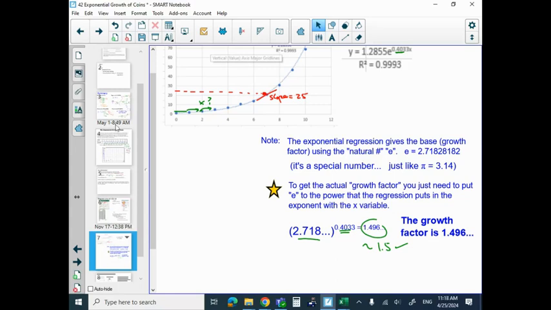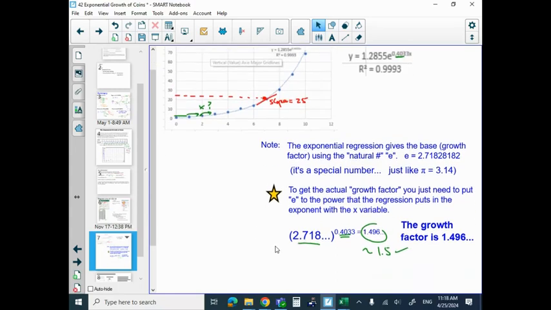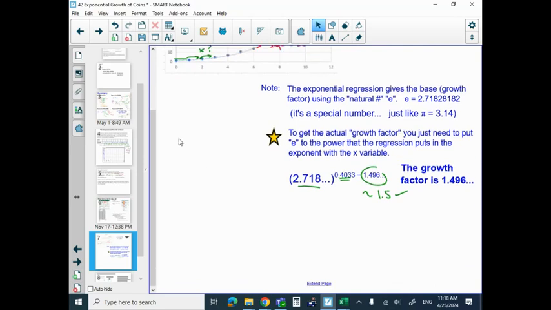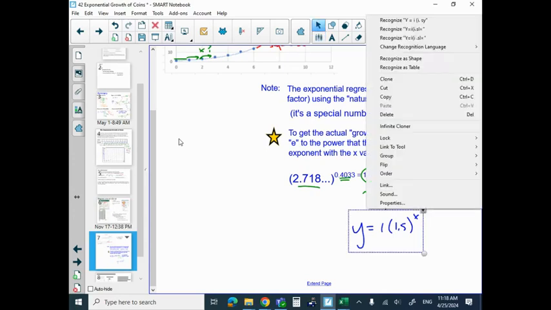And so we could make the equation, of course, then just be y equals, the initial value was 1, the 1.5 is our multiple, and an x. Okay, so that equation, yours will probably be similar to that, hopefully.